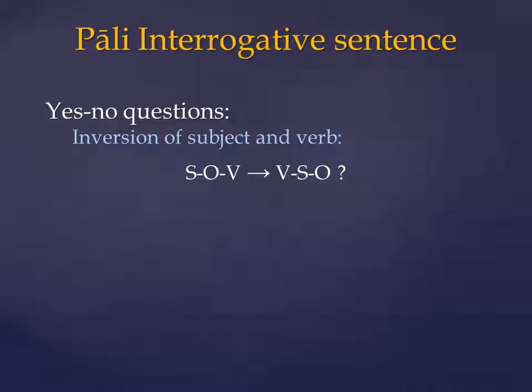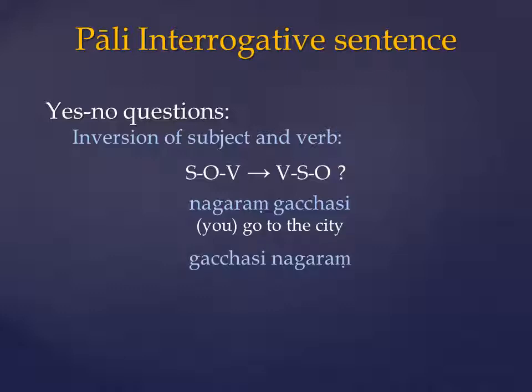For instance, Nagarang gachasi is a statement meaning you go to the city. But if we place the verb first in the sentence, gachasi nagarang, we could render this as a question. You go to the city? Or do you go to the city? But be aware in Pali that sometimes the word order is reversed merely to create emphasis and doesn't always indicate a question.